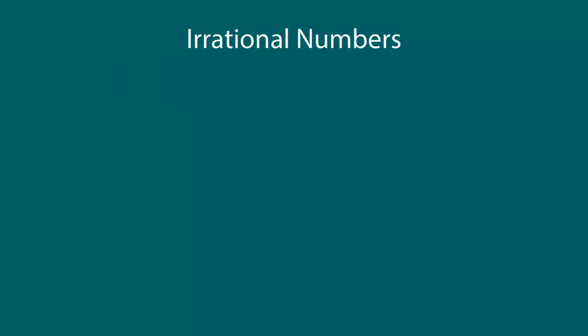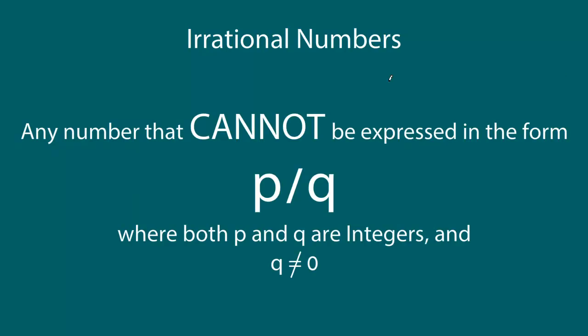Now, what are irrational numbers? We have seen that an irrational number is any number that cannot be expressed in the form of p by q, where p, q are integers and q not equal to 0. So any number that we cannot express in this form is an irrational number, or not a rational number. And what are such numbers?